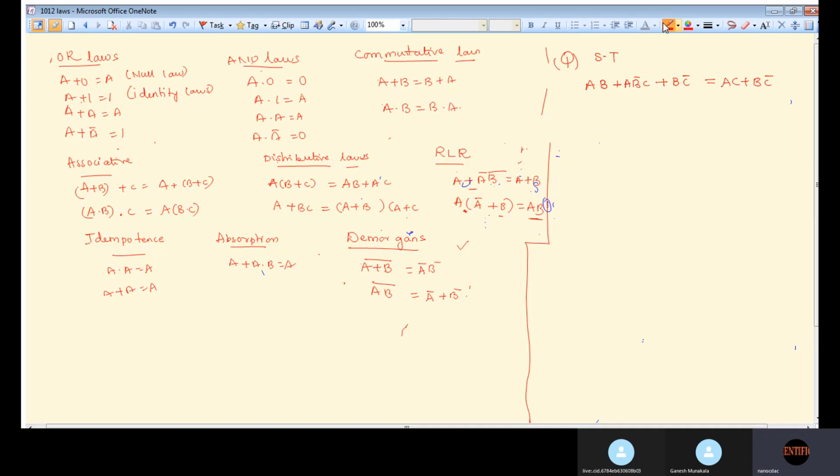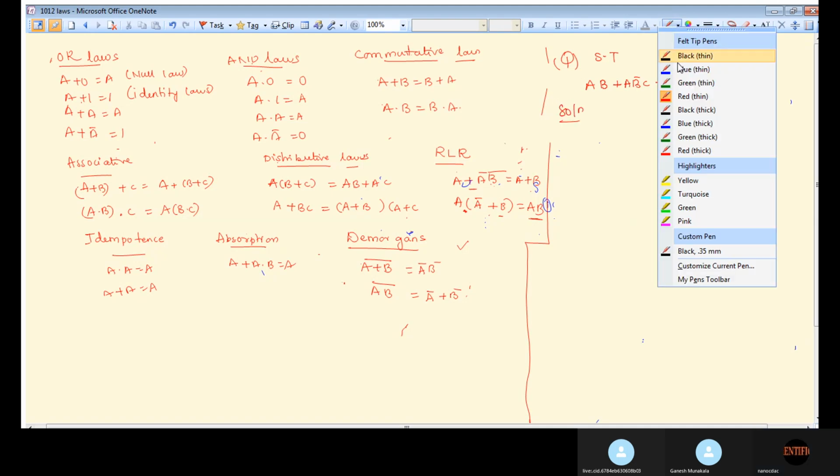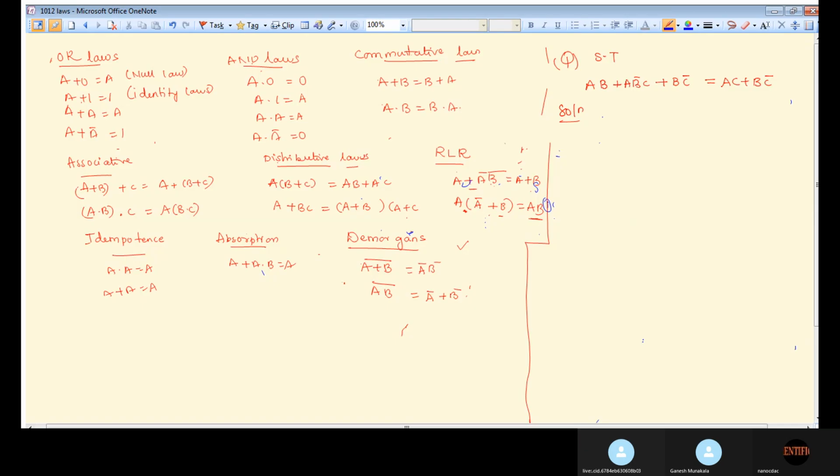Okay. So this is the question. Now what is the solution? Solution. What do we do with this? We will take the LHS: AB plus AB bar C plus BC bar.